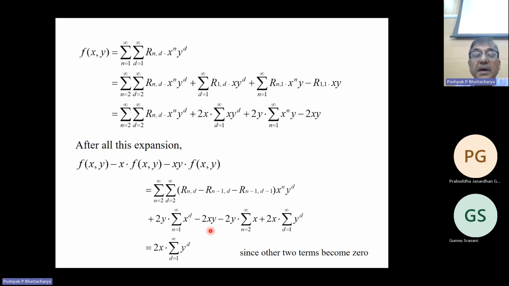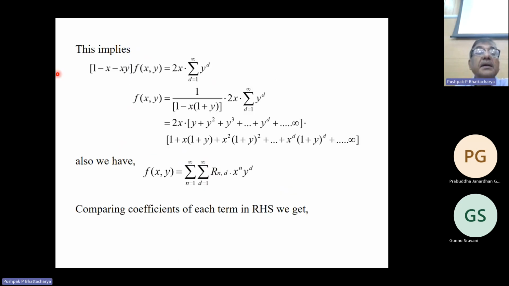Now, this implies, you see this is also equal to 0 because of the recurrence relation. So what this implies is that (1 minus x minus xy) into f(x,y) is equal to 2x into the sum over d equal to 1 to infinity y^d.